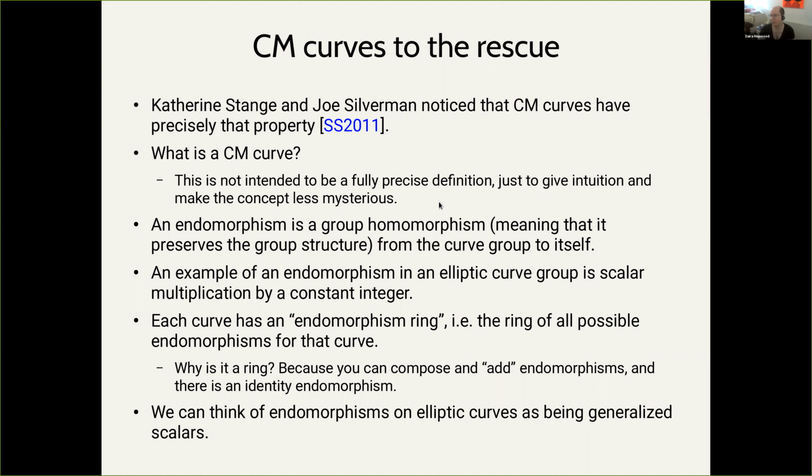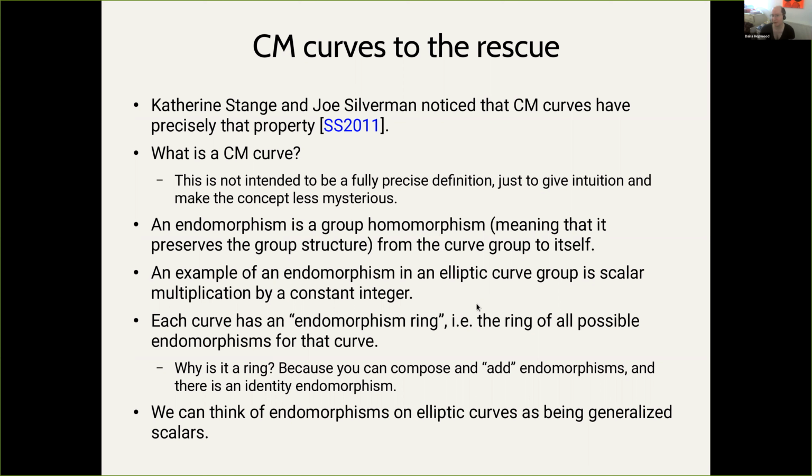So first we need to explain the concept of an endomorphism. It's kind of a function that preserves the group structure from the curve group to itself. So it preserves the identity and it's homomorphic. An example of that is scalar multiplication by some constant.